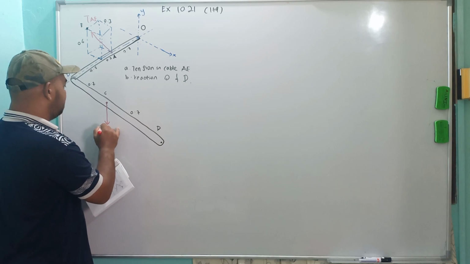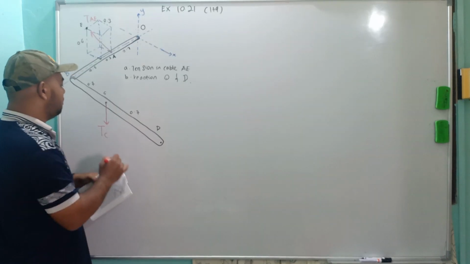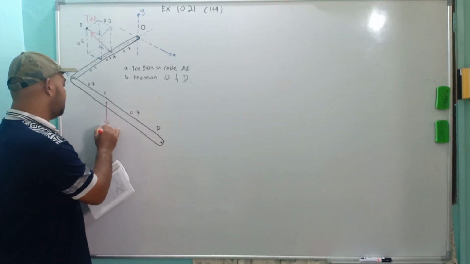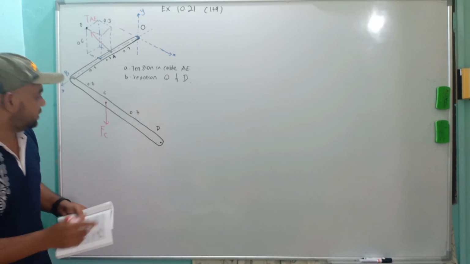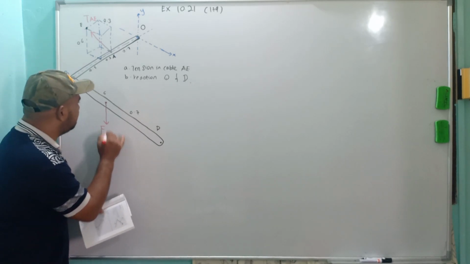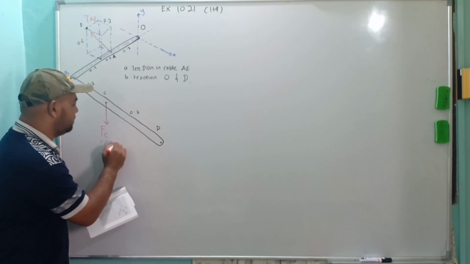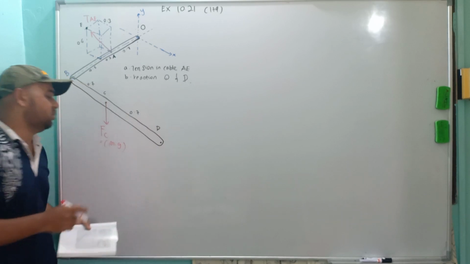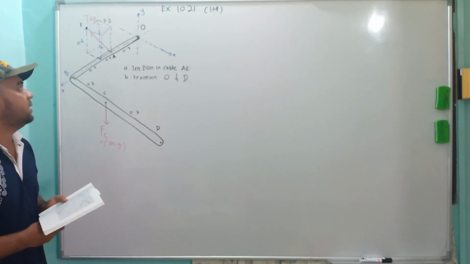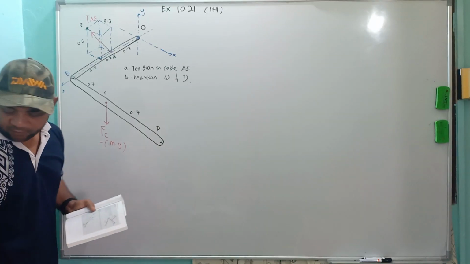We call this TC, or FC, the force at point C, which we know is equal to mg. That finishes the external forces.